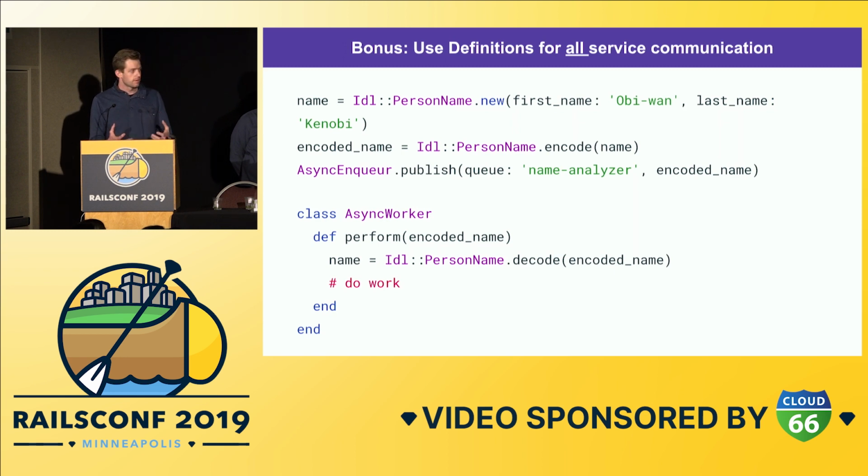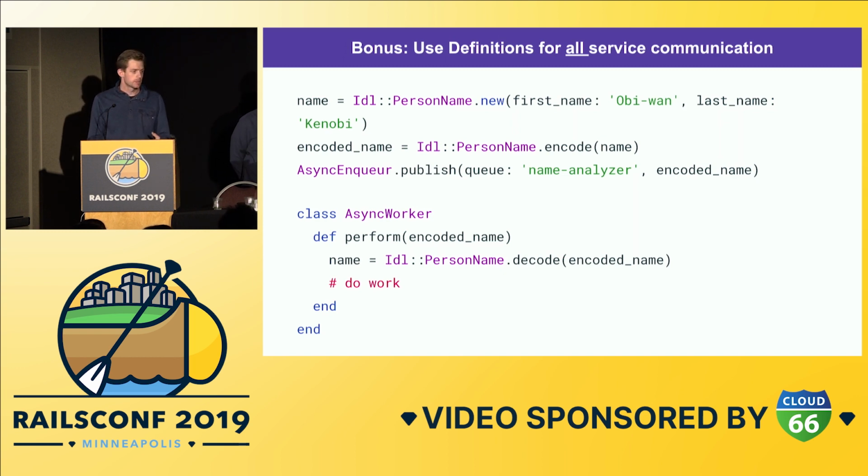So just very quickly, to show you how this might work in a simple example, if you wanted to send a name IDL onto a queue so that other consumers could pick that up, you'd simply need to encode that IDL object in Ruby to a binary, so this encoded name, and then publish that to your queue.